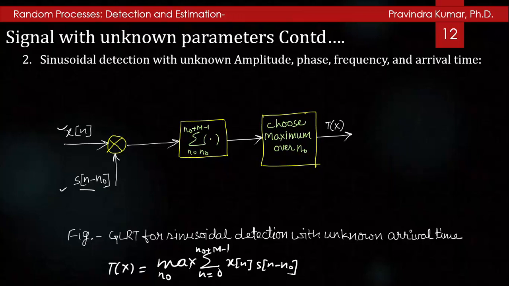Then this test statistic is compared with the threshold. If it exceeds the threshold, then a signal is probably present, and if less, then noise only is declared. So we will decide in favor of H0 if this T(x) is less than the threshold value.